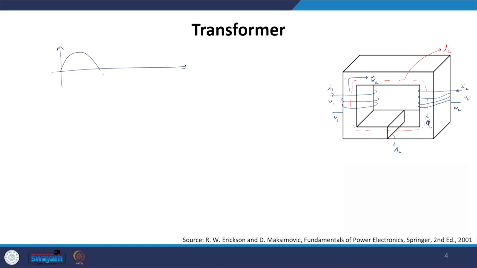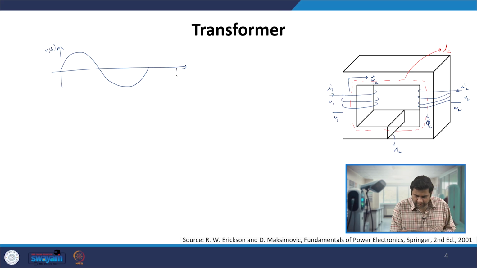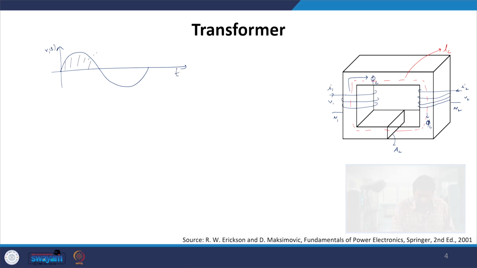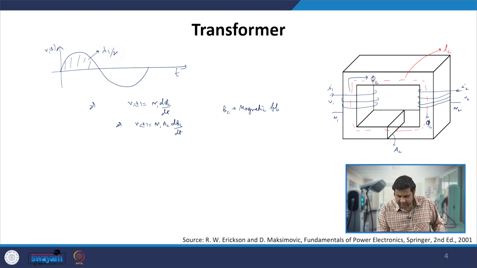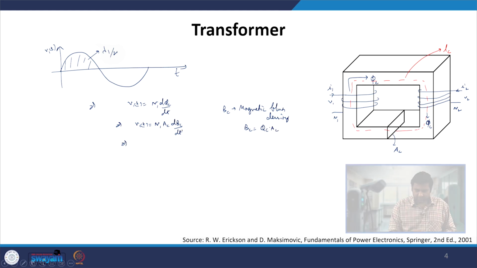If we take our arbitrary excitation to be a sine wave, and take the area under this curve in this particular part to be lambda 1 by 2, we can then write V1 of t to be N1 d phi C by dt, which I can write as N1 AC dBC by dt, because BC is nothing but the magnetic flux density, and that BC is equal to phi C divided by AC. So from here we can then put.